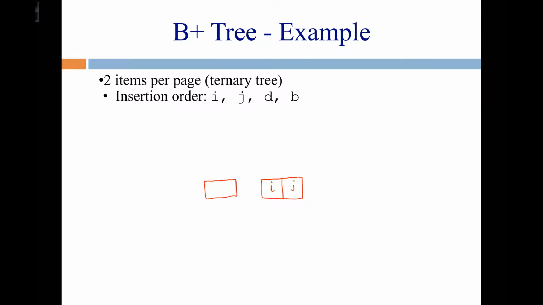So that way we automatically get both leaf nodes at the same depth. So we get a new page with room for 2 keys, and so we can put the D right there. The reason we put it there instead of over here is because we need everything in the left sibling to be less than everything in the right sibling. So that's why it went on the left.